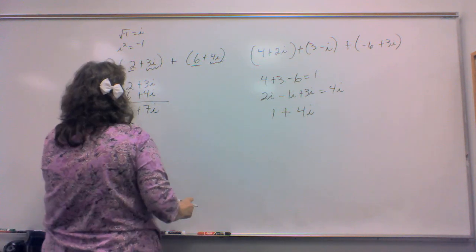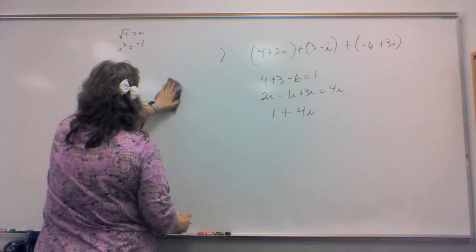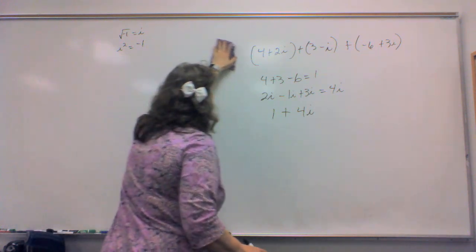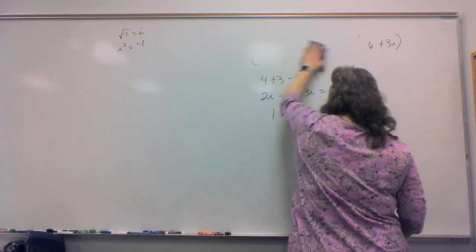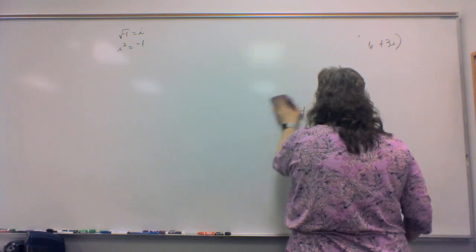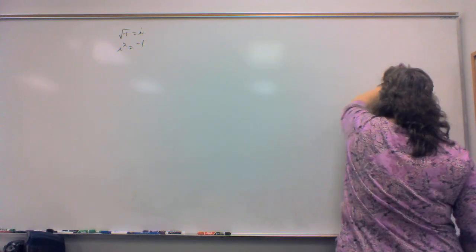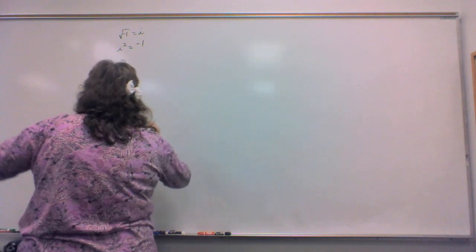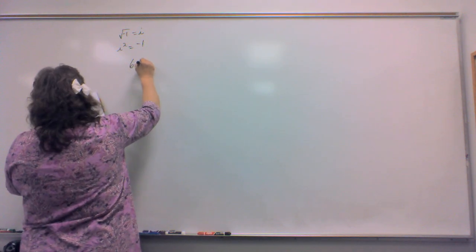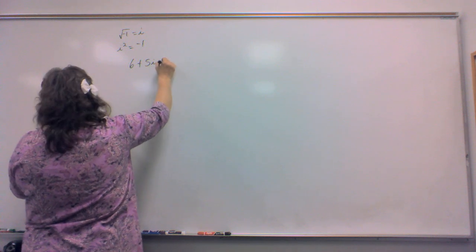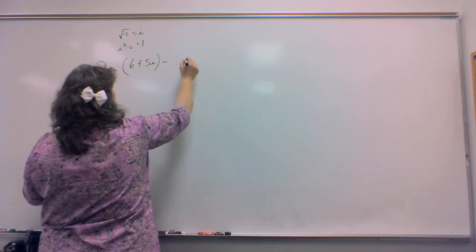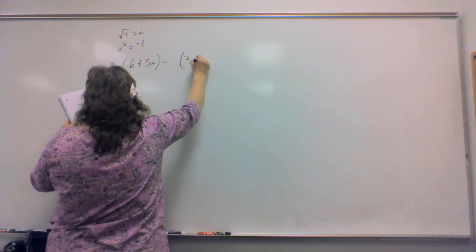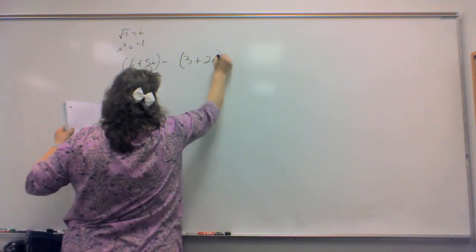So now let's look at subtraction of these. And again, they're just like polynomial subtraction. We're going to use that -1 idea, distribute it to do your subtraction. So I have (6 plus 5i) minus (3 plus 2i).